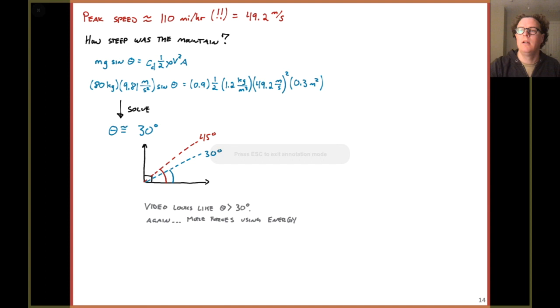Any additional losses you have, like friction losses, would require you to get steeper to offset those. So a 30 degree angle is what it takes to get over your drag forces, and anything else, rolling resistance of the tire, friction in the hubs, any other place energy goes would cause you to get steeper than that 30 degree angle.